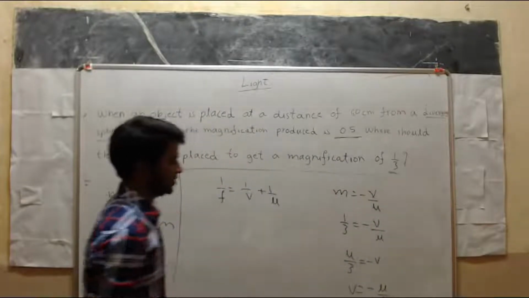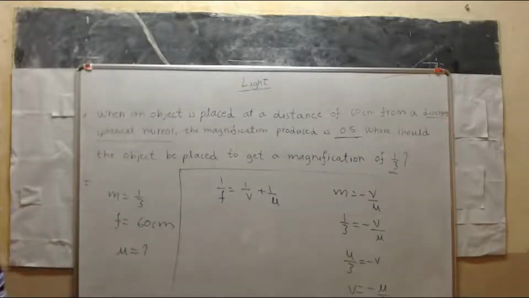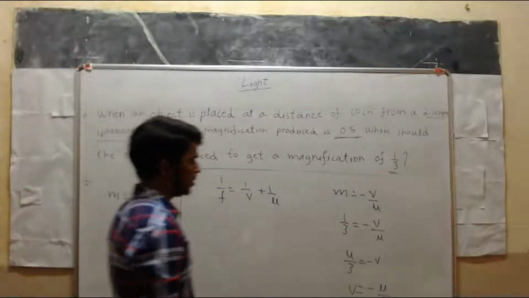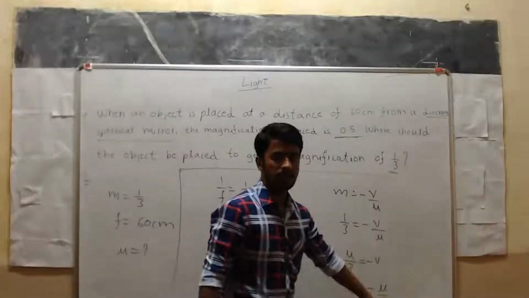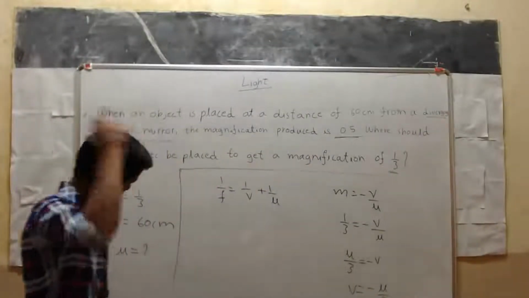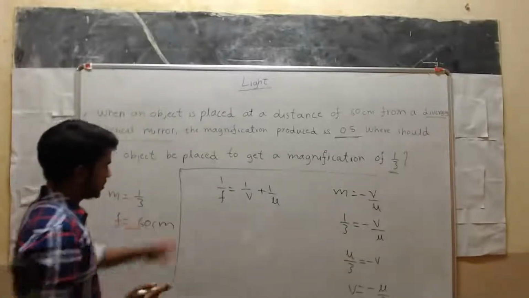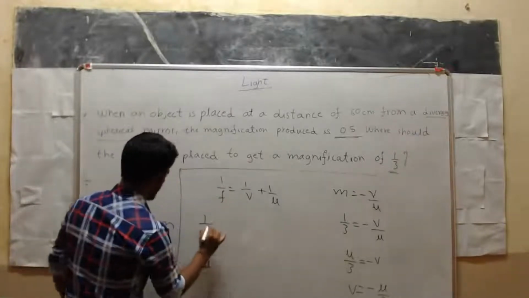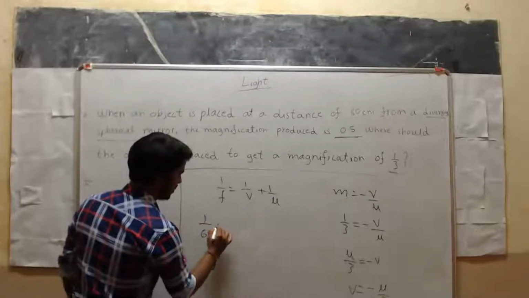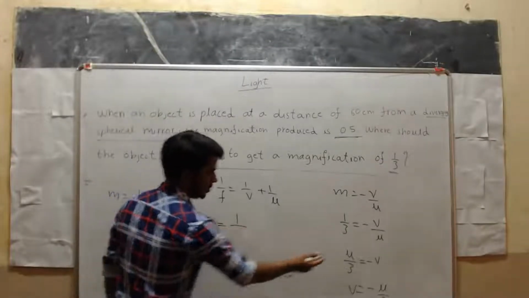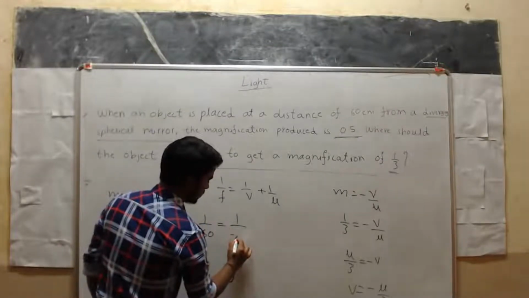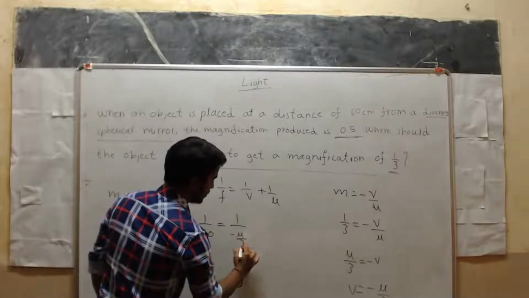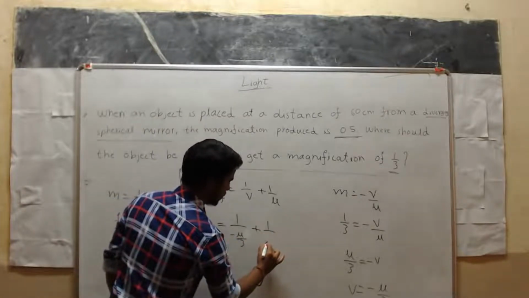We can write like this, right? So v equal to minus u by 3. So now substitute in this equation. So 1 by f means that is 1 by 60 equal to 1 by v equal to what? Minus 3 by u plus 1 by u.